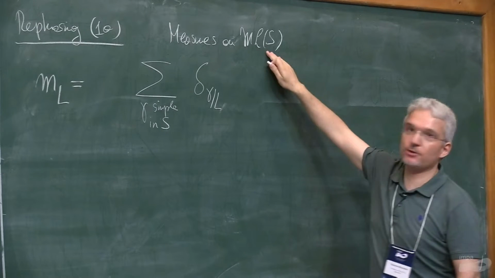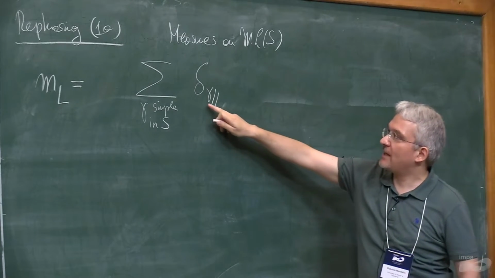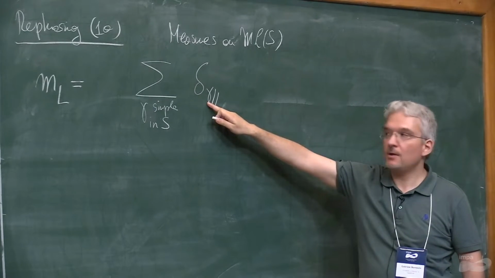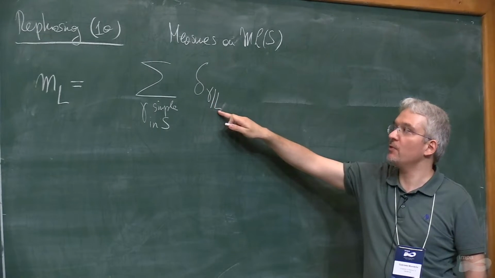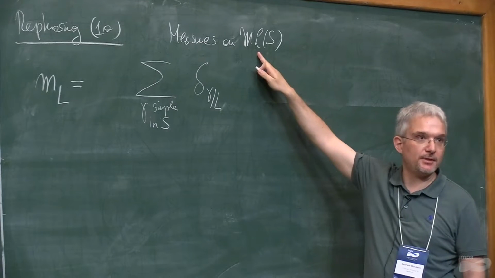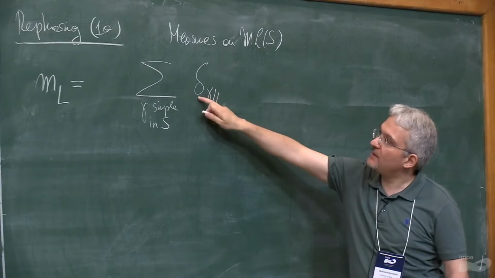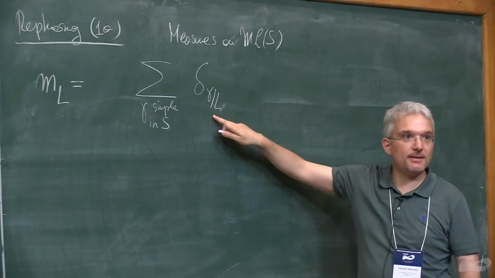So we're speaking of measures on this manifold. So gamma is a simple curve, so this gives a point here, but also gamma divided by L, so we weight 1 over L, is a point here. So we pick the delta measure centered at this curve.